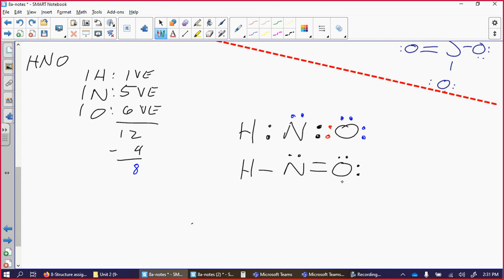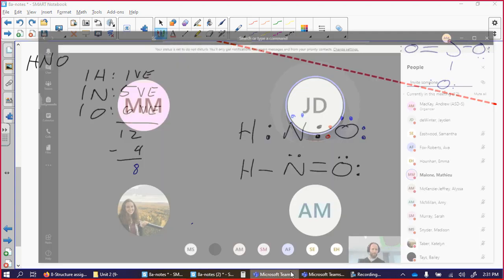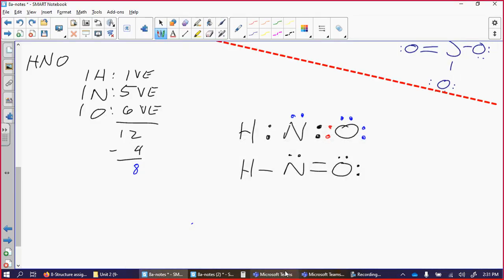What's the problem with this one, Matt? Well, you said this is whack. Are you talking about this, or are you still working on the assignment? Well, you're supposed to be listening to me do this. Those ones are easy ones. Do we have to draw the molecular shape or state the molecular shape?